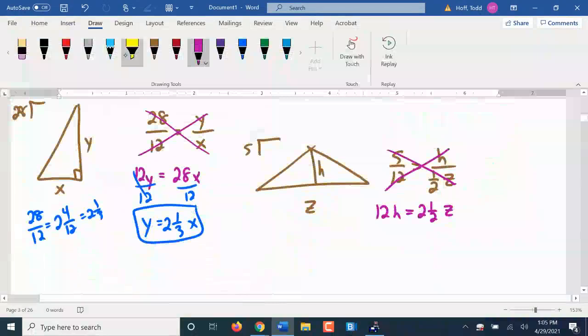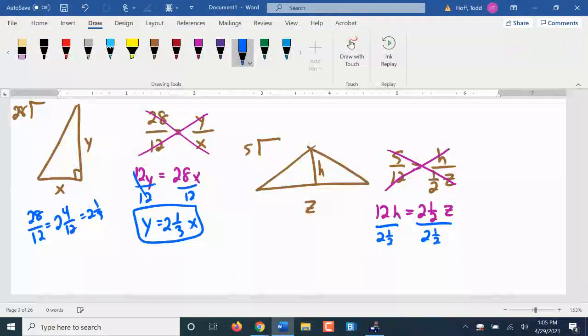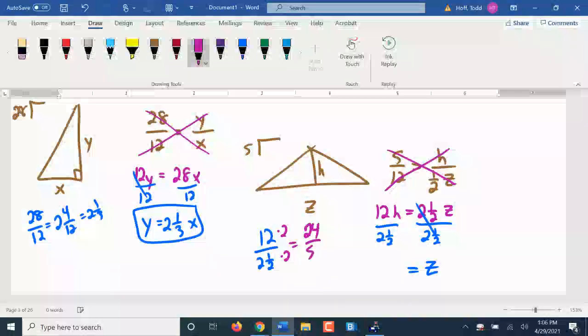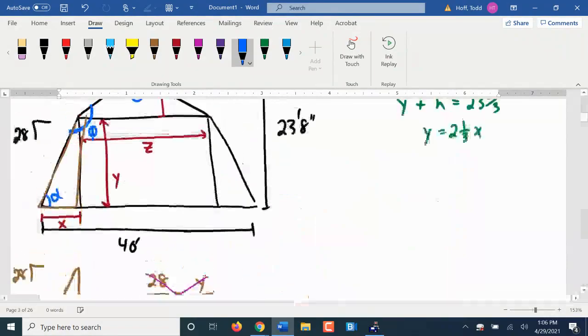Let's divide by the 2.5. On the right side, it's pretty simple. The 2.5 cancels out. We just have z. On the left side, I have 12 over 2.5. I'm going to multiply both of those by 2 to get 24 over 5, just because that's a lot simpler to work with. 24 over 5, 5 goes into 24, 4, with 4/5 left over. So z is equal to 4 4/5 h.